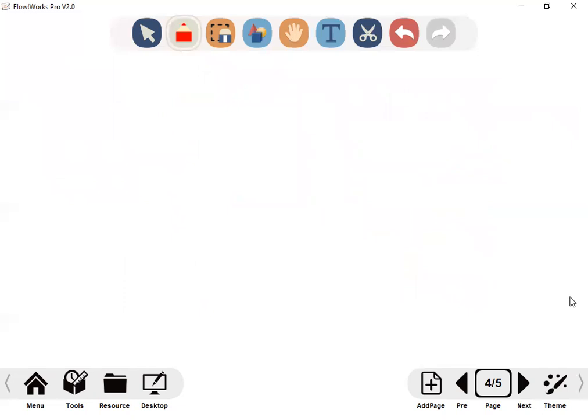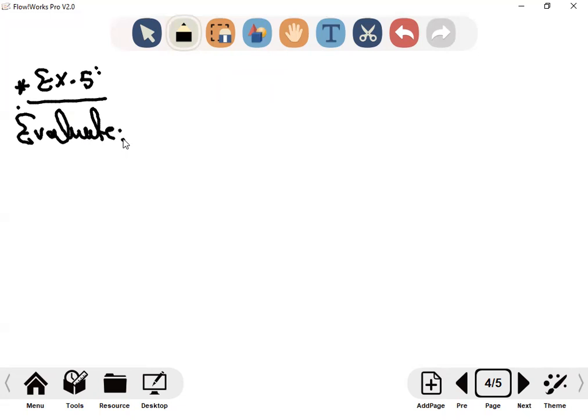Multiply rational numbers. Okay. Yalla. Example 5. We have to evaluate 1 over 4 x y z.